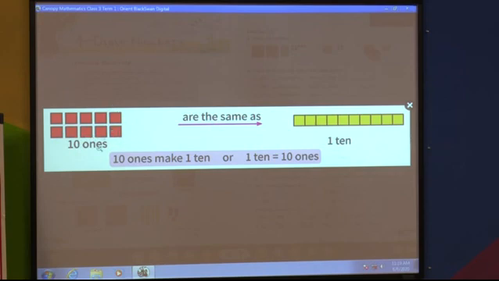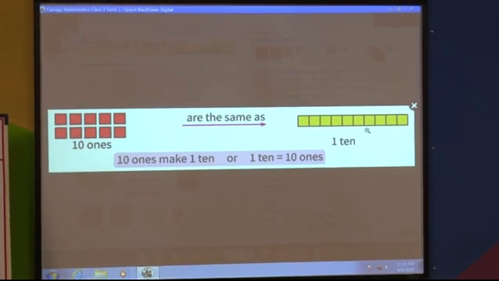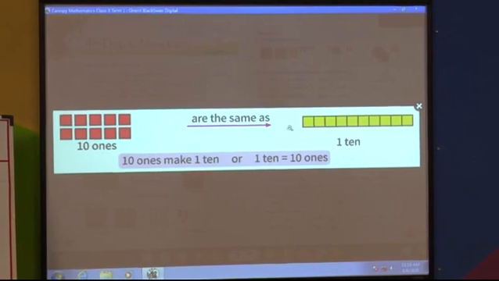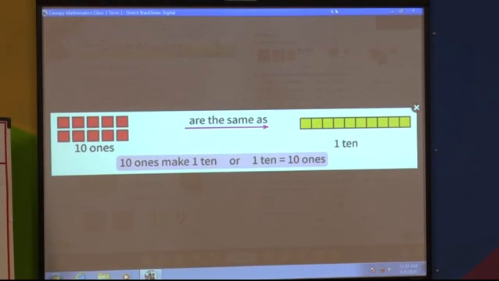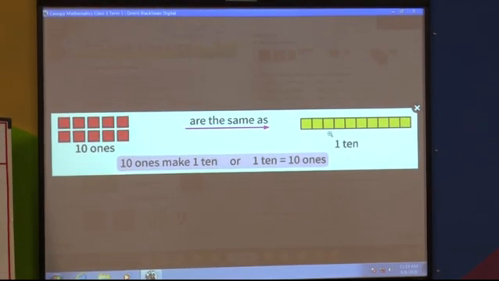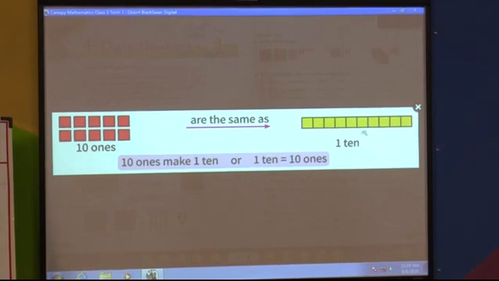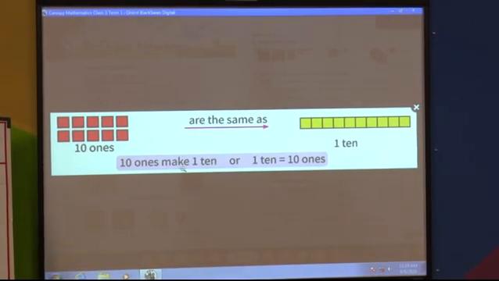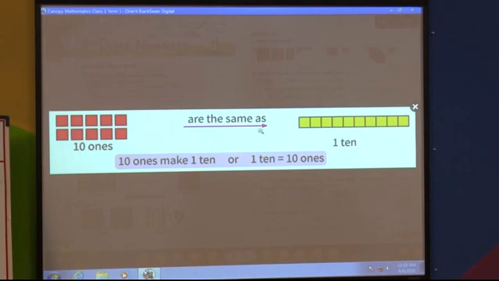Yes, here 10 blocks are there. So if we put these 10 blocks together, it will become 110. So 10 ones make 110.